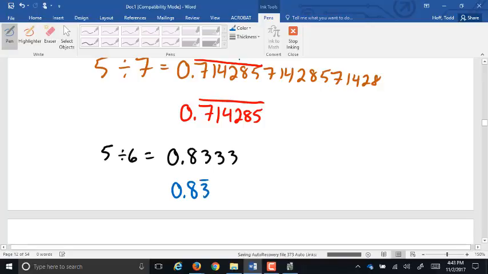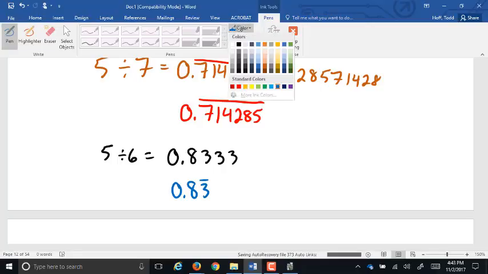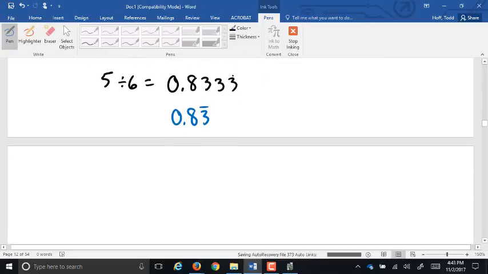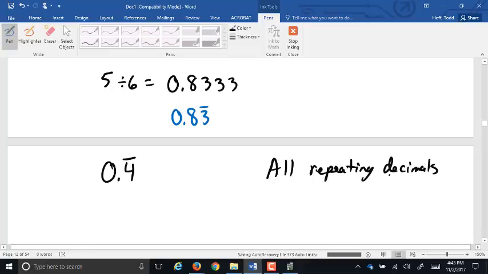Well, that notation isn't so difficult, but the difficulty would be, what if I give you a decimal that repeats, and I tell you that all repeating decimals can be turned into fractions?